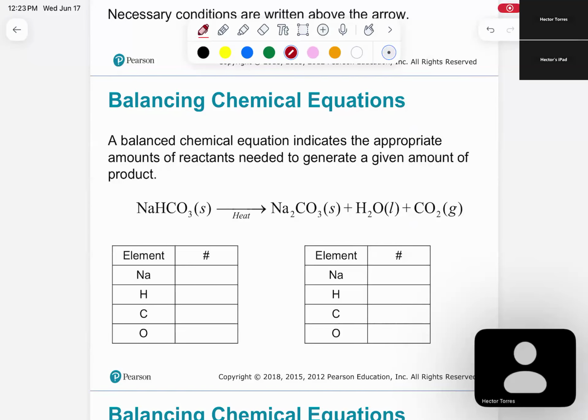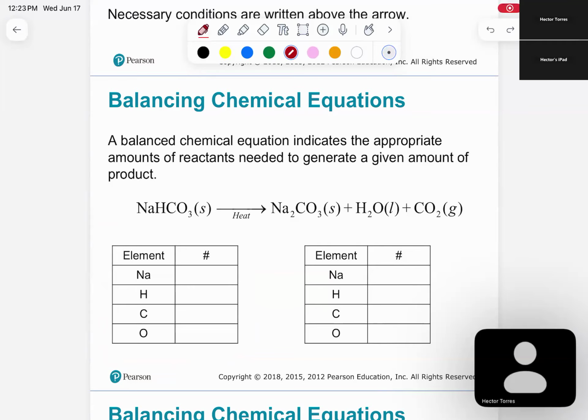Here we really use that idea that we learned before, which is matter is neither destroyed nor created. So whatever we have on the left side of the equation should also be on the right side of the equation. For example, we're going to look at this equation and break it down piece by piece. The first thing I like to do is make these tables to keep track of what I have on each side.